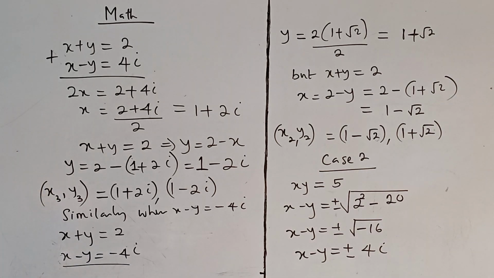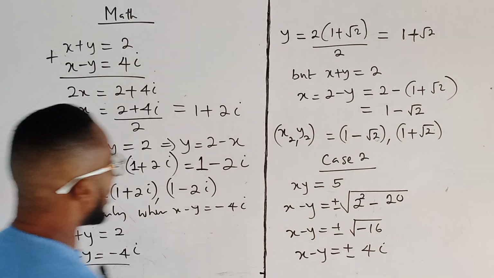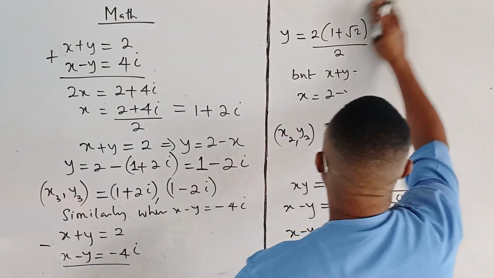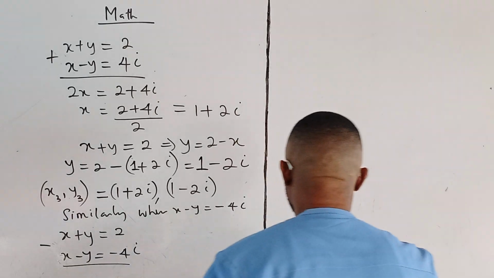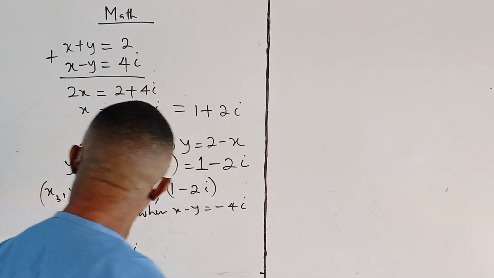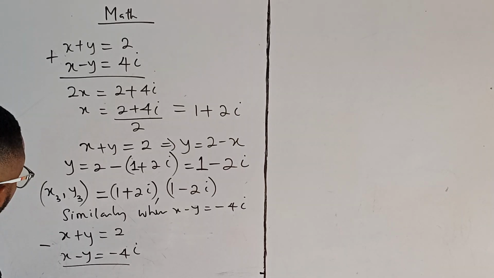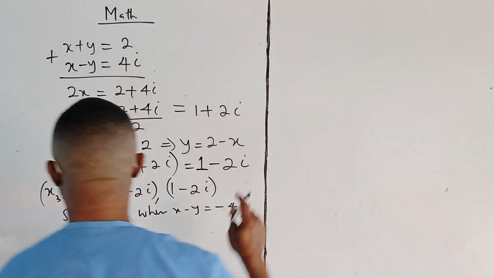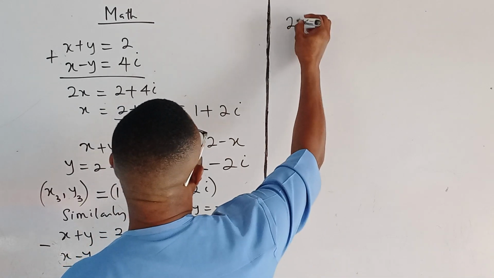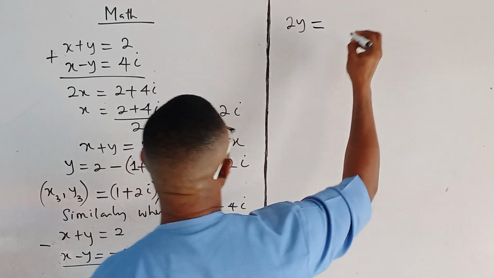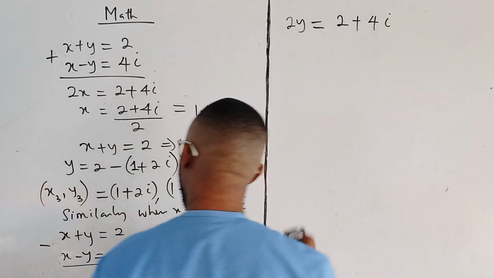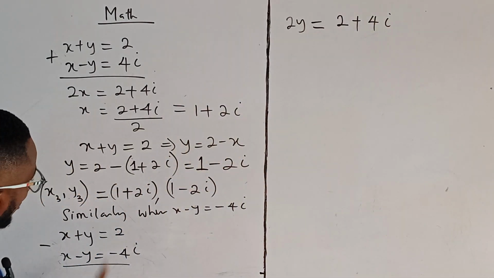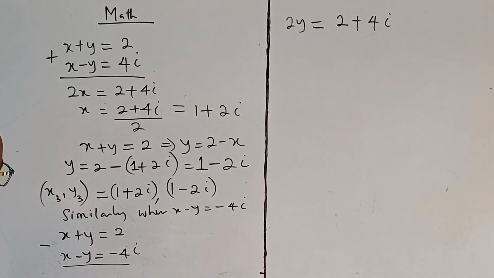In this case, I am going to subtract. We're now going to have something very interesting. I'll subtract 2 from 1. It means that 2y equal to 2 plus 4i.